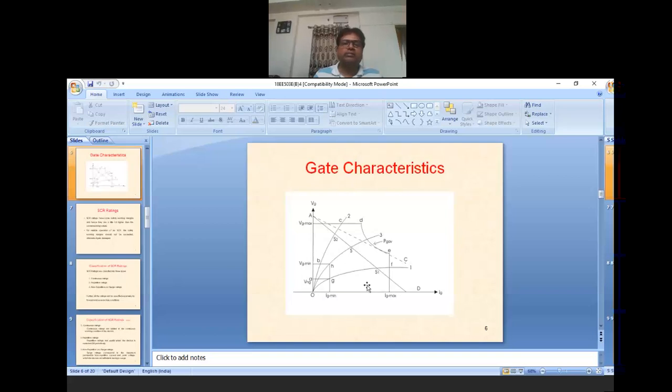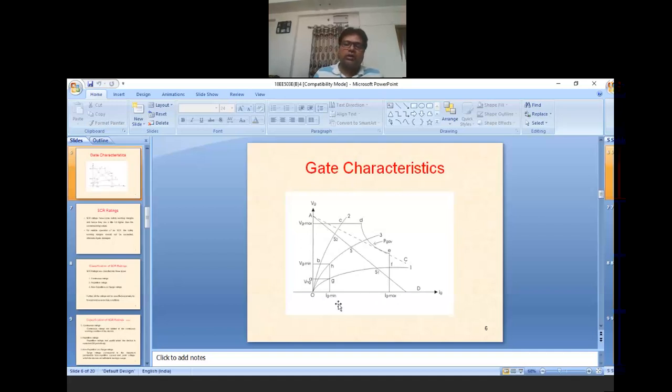Because of this, gate may get damaged or burnt down. So that is why maximum permissible currents and voltages are the most important things. Otherwise, SCR gets damaged if you apply more gate current than this or more gate voltage than this.